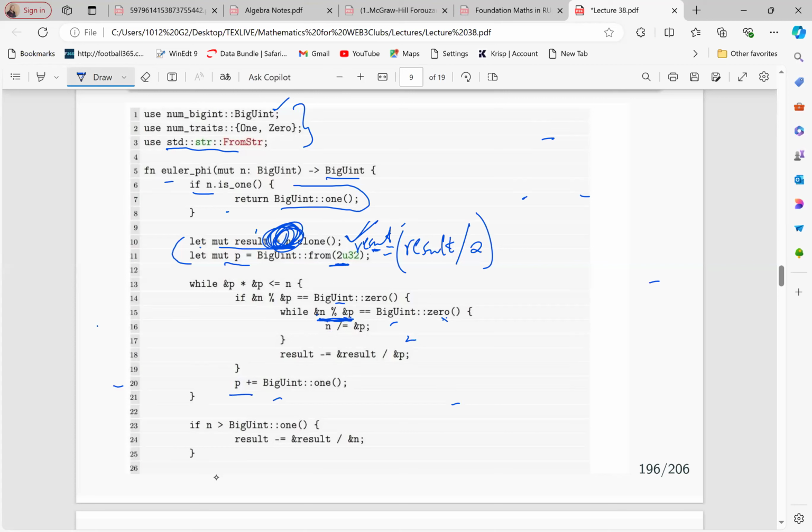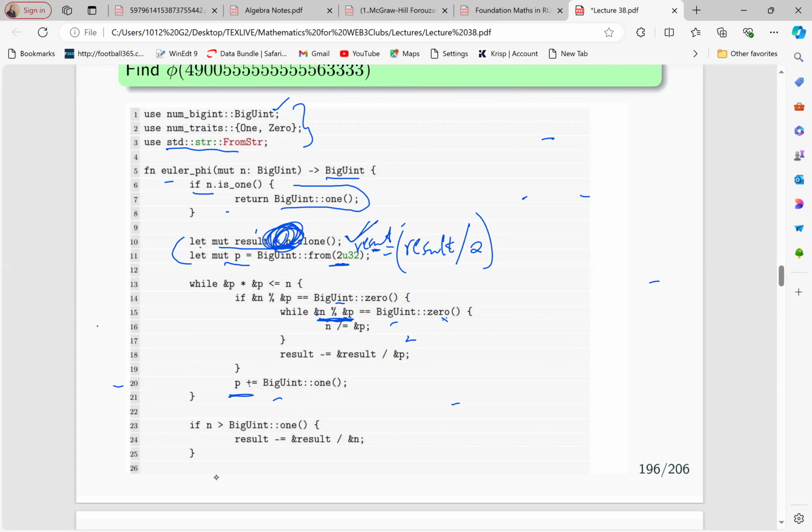That means move to the next P. In fact, this is supposed to be plus. Okay, I put 1 here. When you put 1, if P was 2, it will move to 3. That's okay.